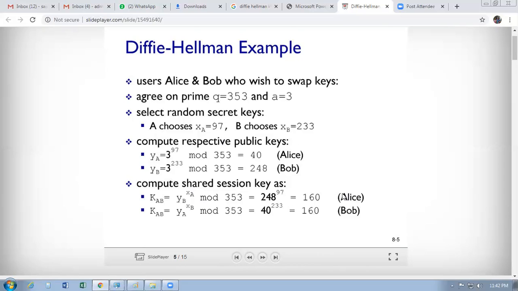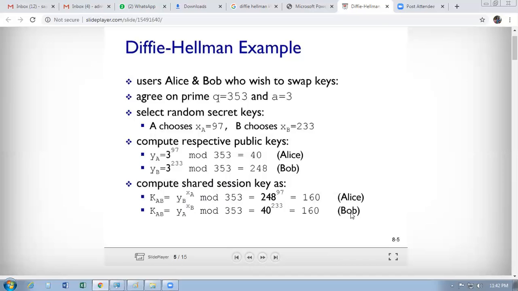So how does Alice calculate the session key KAB and how does Bob calculate the session key KAB? Alice knows the public key of the other person, Bob, and uses her own private key: YB power XA modulus Q. Again, with the help of modular arithmetic, you can solve this problem.